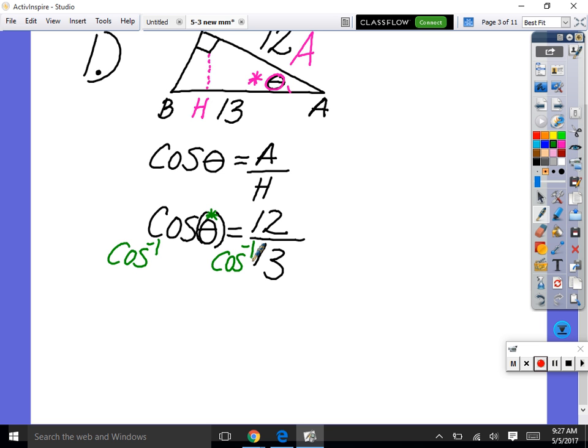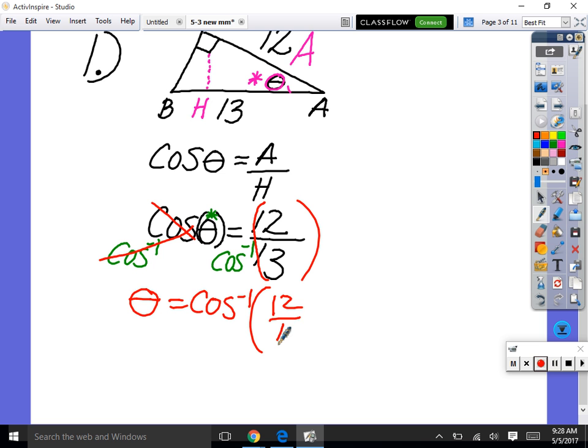Now inverses undo originals, so cosine inverse undoes cosine. You see how they cross out? Then theta is all by itself. Over here we have the cosine inverse of 12 over 13. Understand that when you take the cosine inverse, it entraps the fraction. It like eats it.